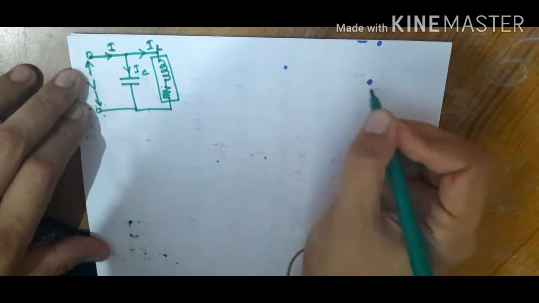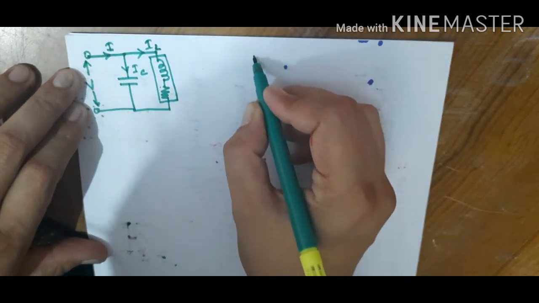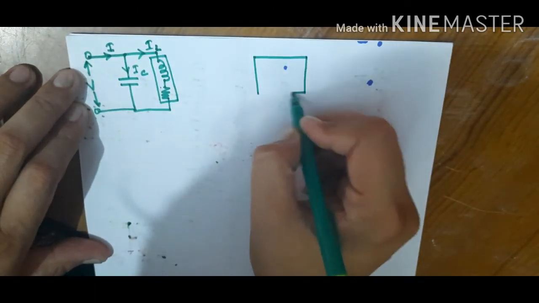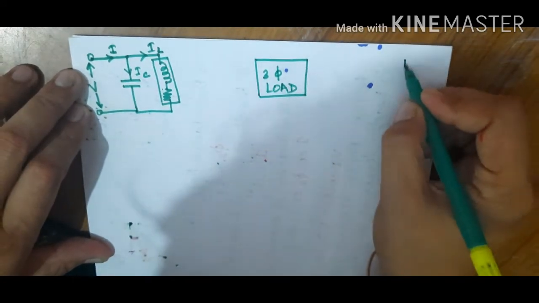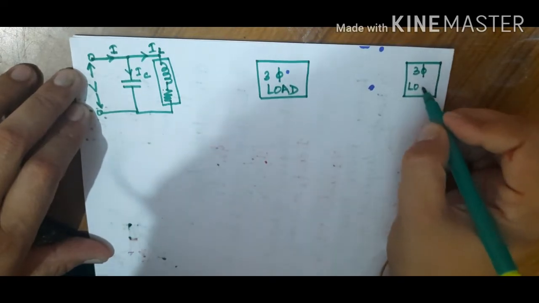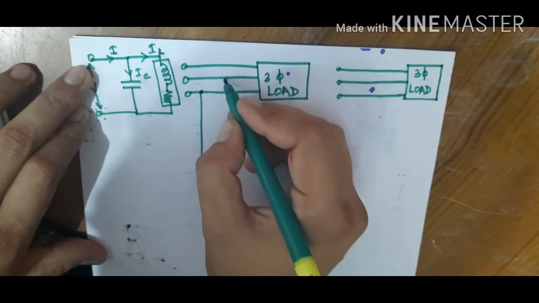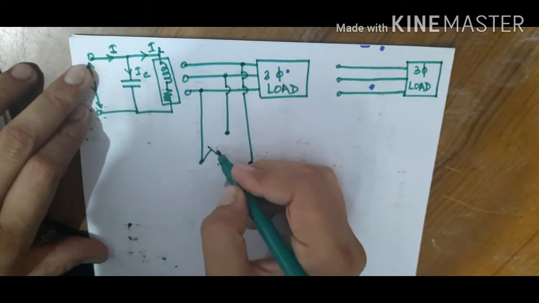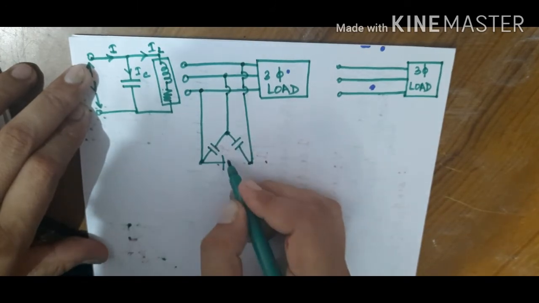Now coming to the three-phase load. For the three-phase load, I am going to take two cases. This is the first case, a three-phase load, and this is another three-phase load. Depending on the conditions, availability, or applications, the first one is the delta connection, with three capacitors in delta for the three-phase load.